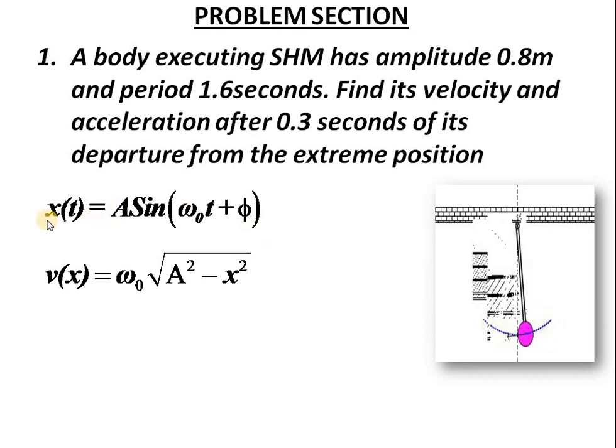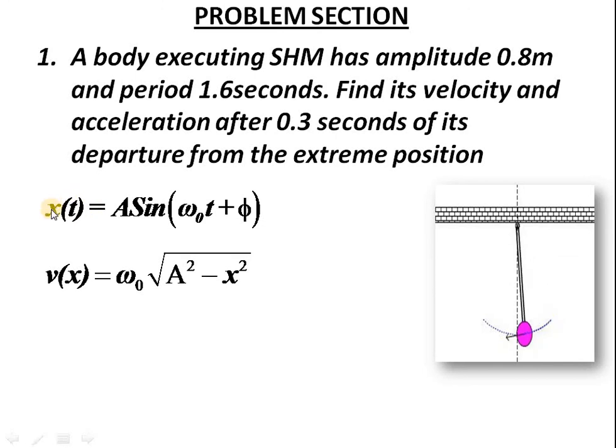And the question demands you to find out velocity and acceleration. So we will find the expression for velocity. You know, velocity can be found from x like this: omega 0 into root of a square minus x square. We have derived this equation. Or you can simply find it by differentiating.